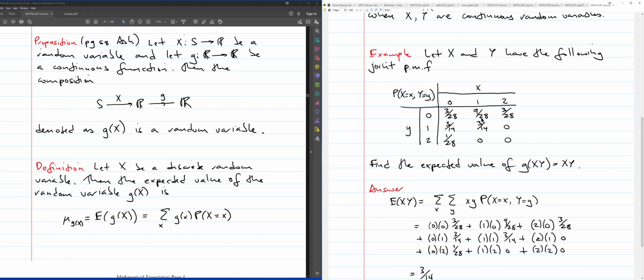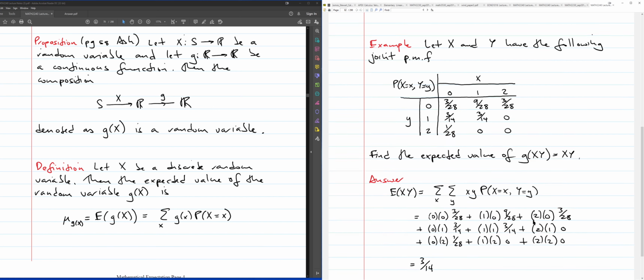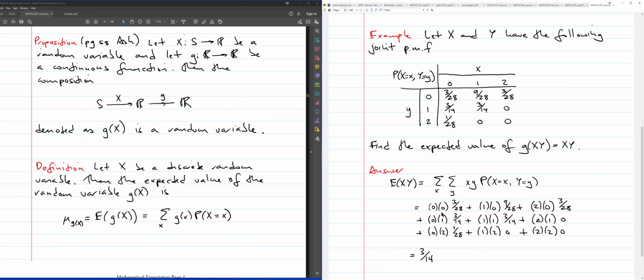And then you're going to have this term in your table, which is x is equal to 1, y is equal to 0. So here x is equal to 1, y is equal to 0, and then you use the corresponding probability, which is 9 on 28. And then you do that for all 9 terms in your table. I wrote it out over here.